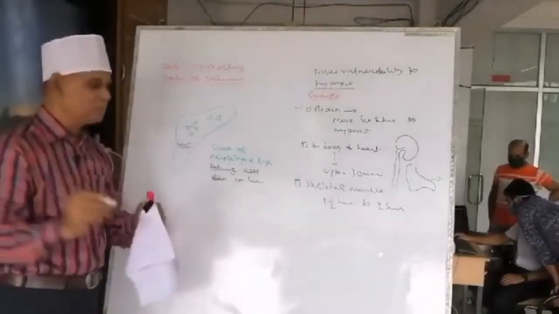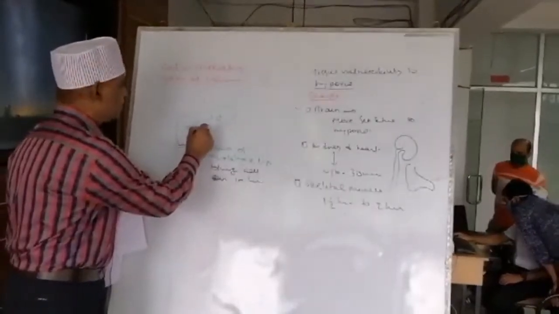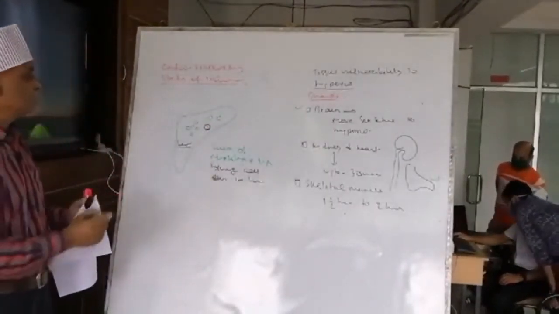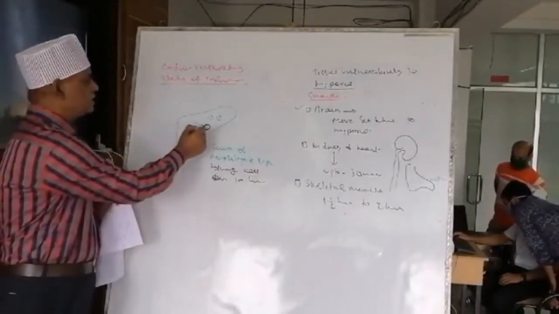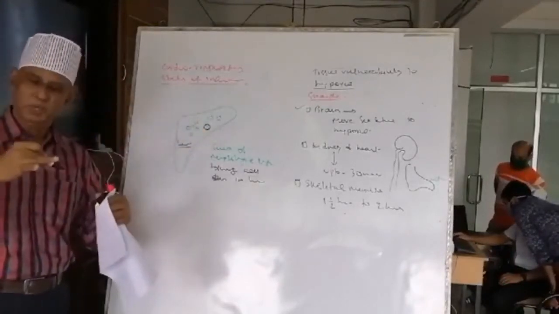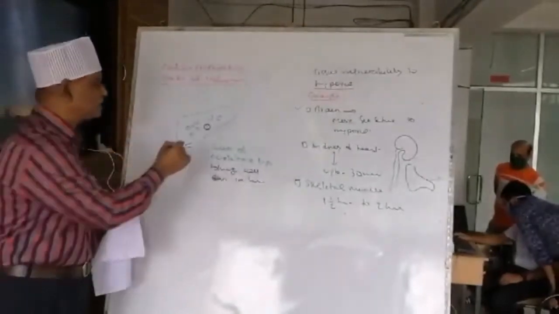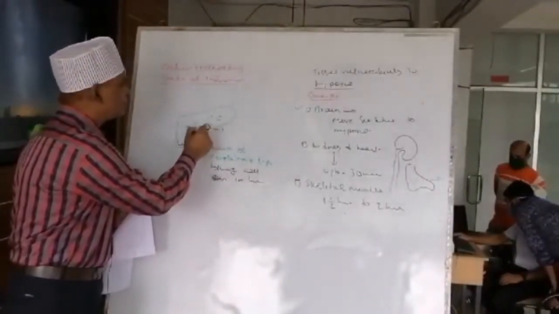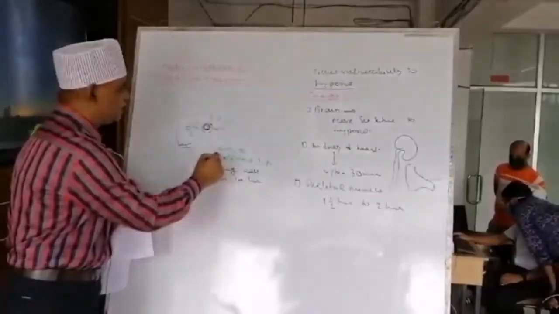Within the living tissue, some cells undergo death. After the death of the cells, there are some changes within the dead cells, and all the changes of these dead cells are called necrosis.